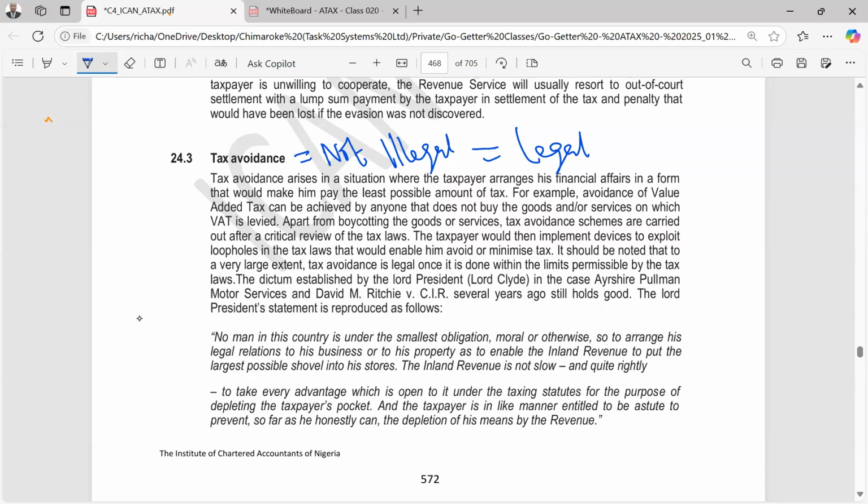And that is what Go-Getter Professional Consult did. Started business effectively January 1, 2020. And so it falls under the new tax regime. And you are not going to be bothered about having one income being charged 3 times following the old tax regime. And so that's tax avoidance.